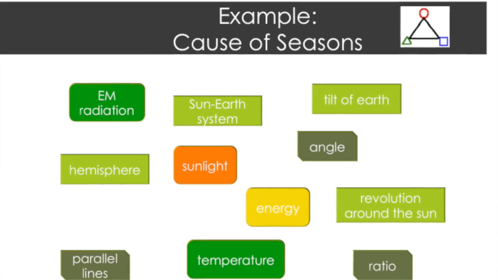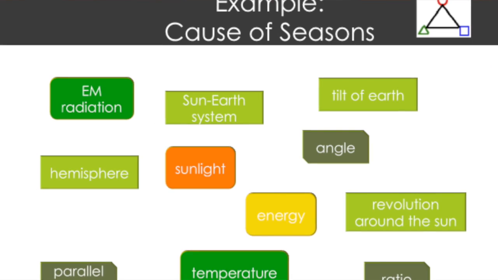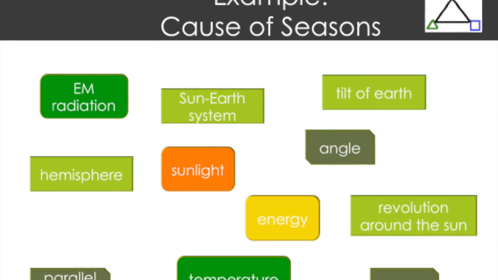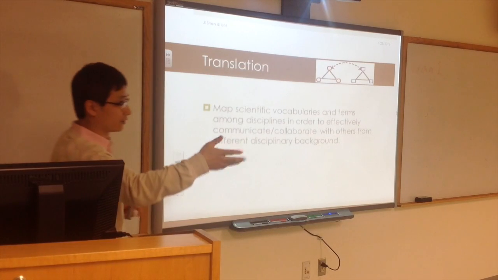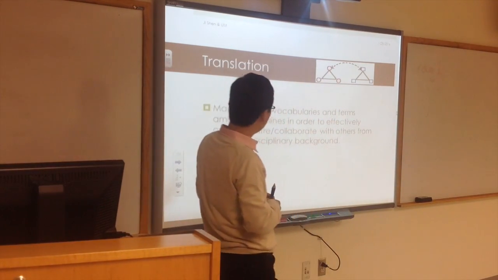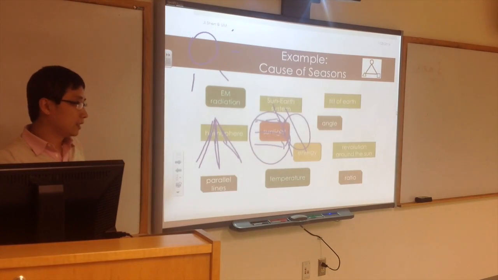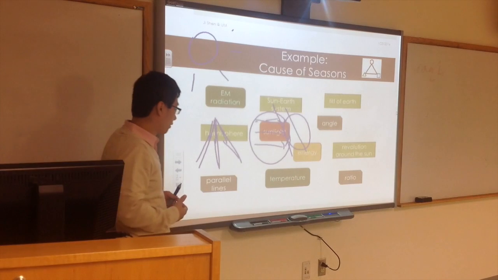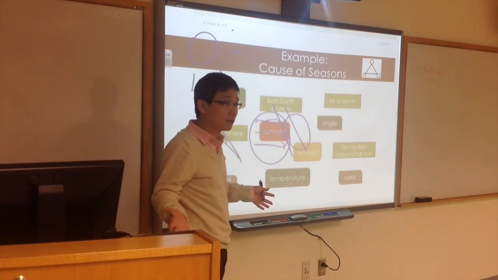Sunlight, energy, these are seen like everyday language, okay? Translation. Again, I will go back to the ratio later on. So, think about the terms we brought up. If you really immerse yourself in one discipline, you may not be familiar with other disciplines, right?